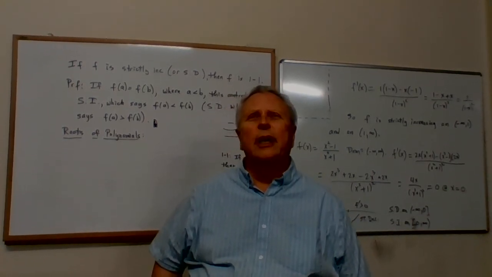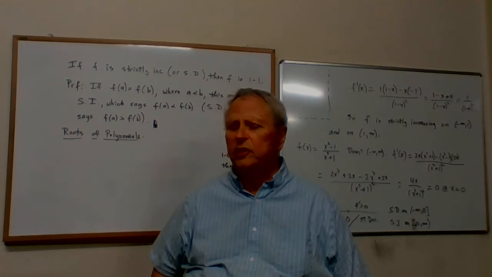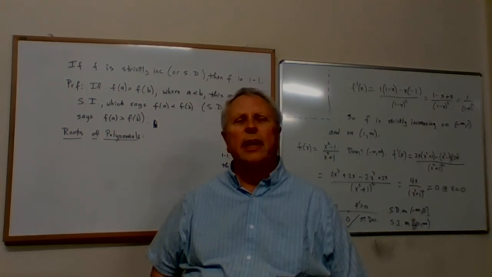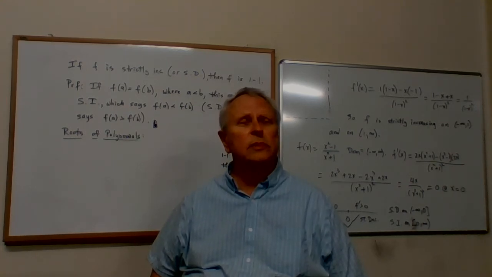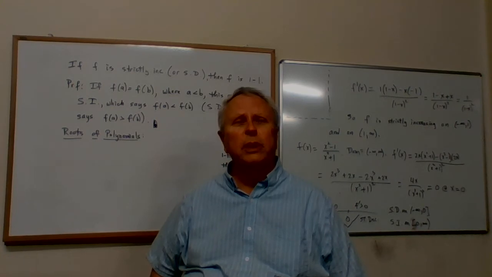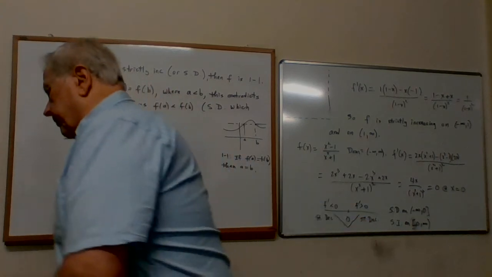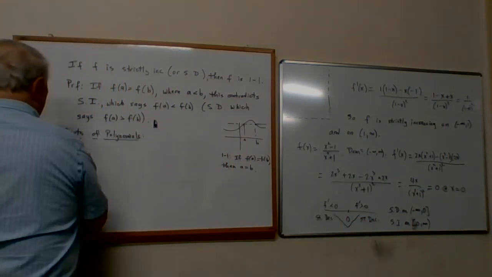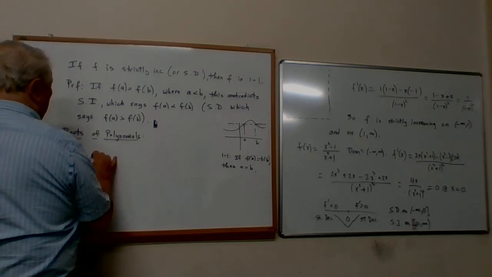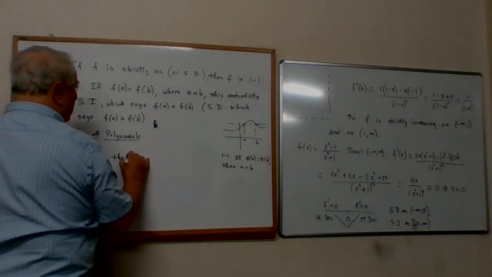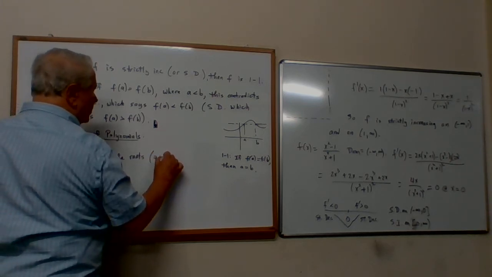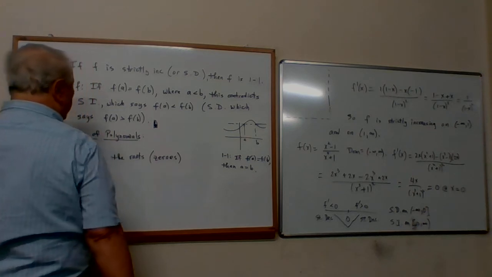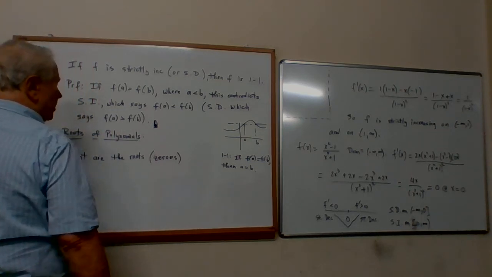So let's take a few polynomials as examples. X squared minus 6x plus 9. What are the roots? And by the way, many times people use the word zeros, meaning places where the polynomial is 0.